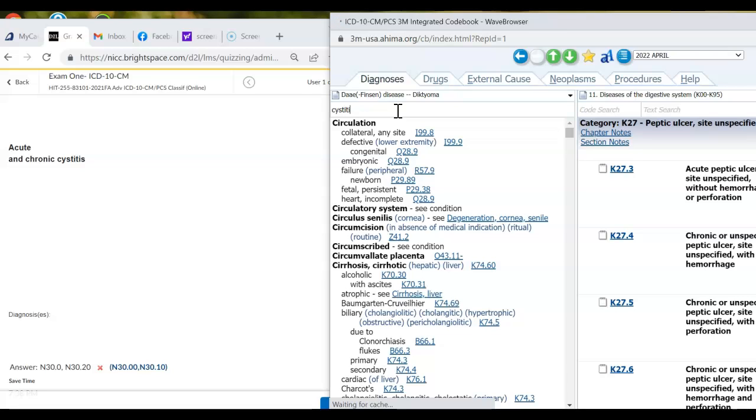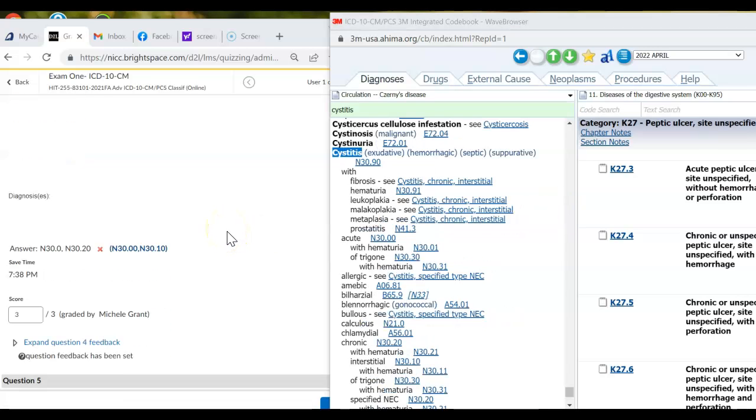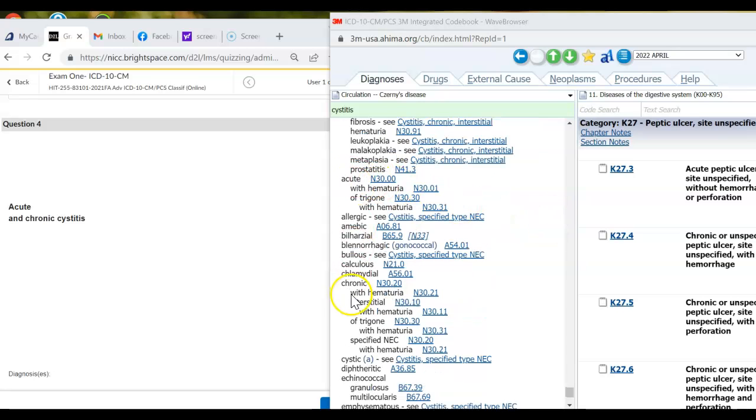It's all about the indentation level. So once again, it's all about the indentation level, acute and chronic. So if I look here, I go down to acute. If I go down to chronic, they're both at the same indentation level.